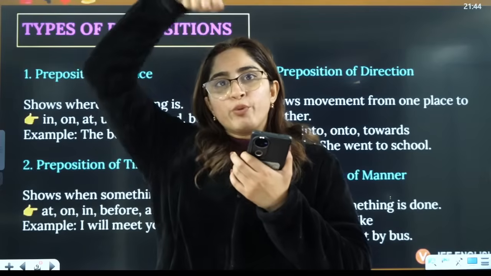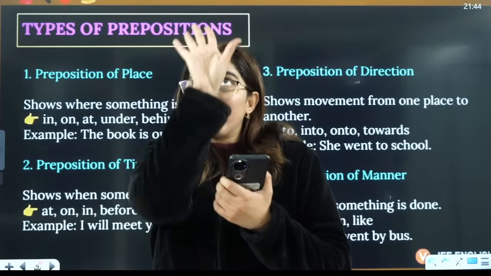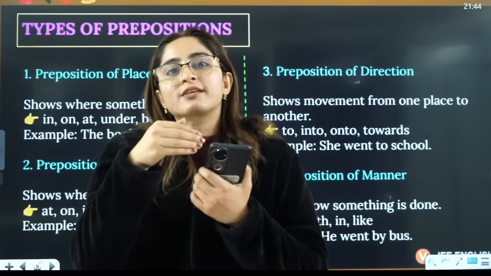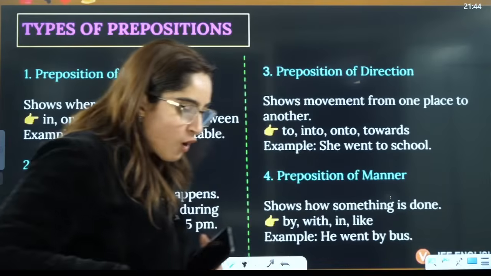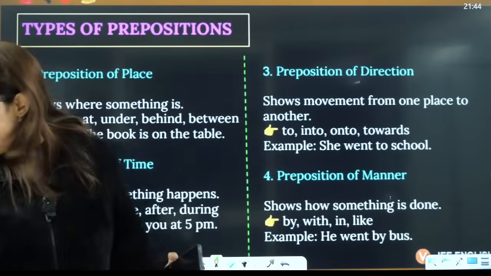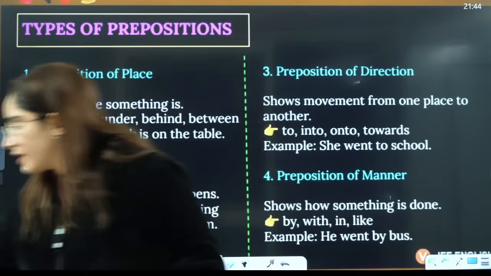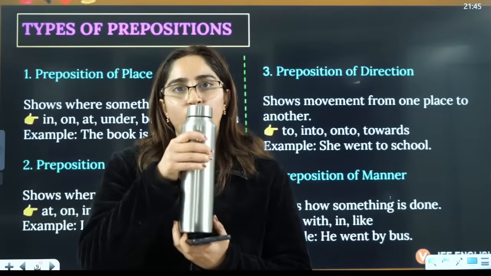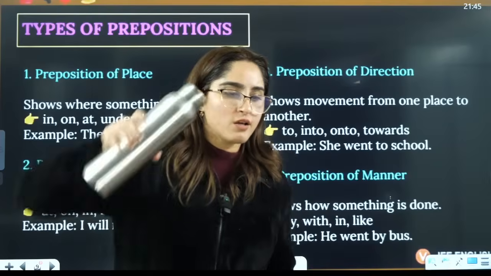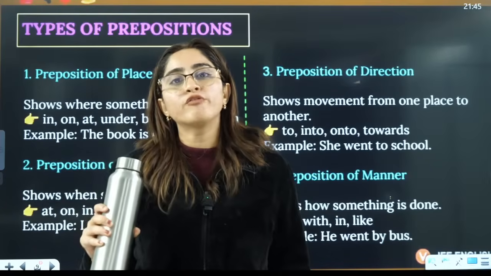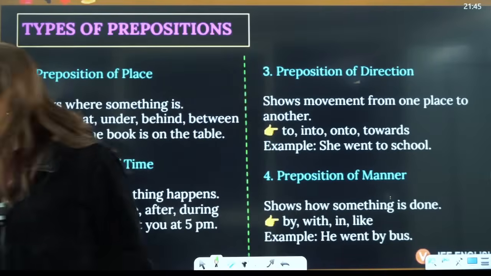This is a test tube, you pour the solution into it, right? That is into, you're going in at that moment. Onto and into basically describe movement. If I spill the water into this water bottle, I'll say the water is going into this water bottle. If I spilled it on the floor, then I'll say the water is onto the floor. Okay, so that's how you can say this.